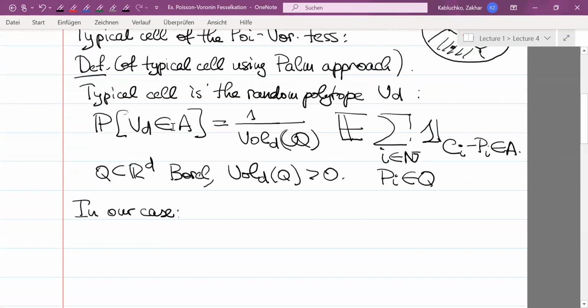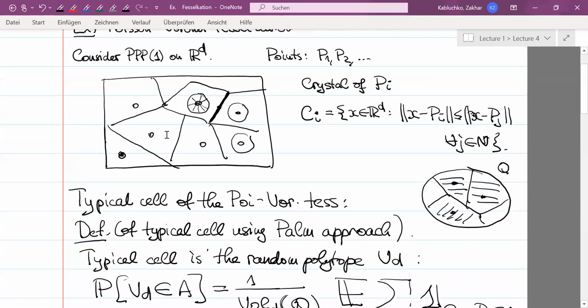We can just do the following. It is also intuitively not so difficult. So what is a typical cell? We take a very large window and take a cell uniformly at random in this window. And now imagine that the center of this cell is conditioned to be at some point. Conditioning a Poisson process to have an atom somewhere doesn't influence anything.